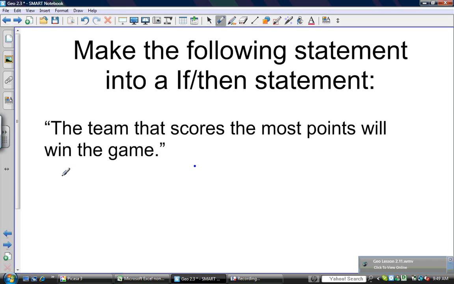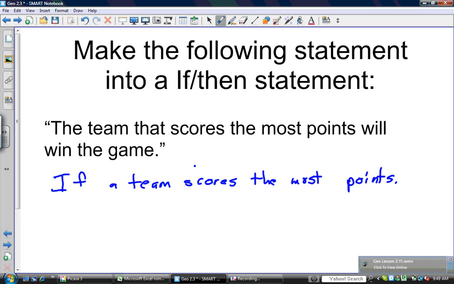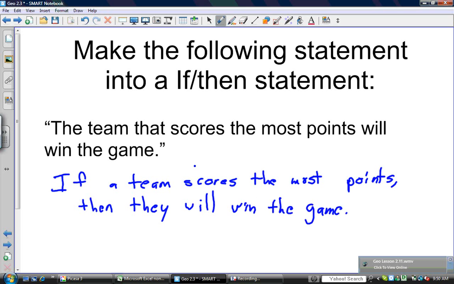To make this if-then, we'll say if a team scores the most points, then they will win the game. Pretty easy.